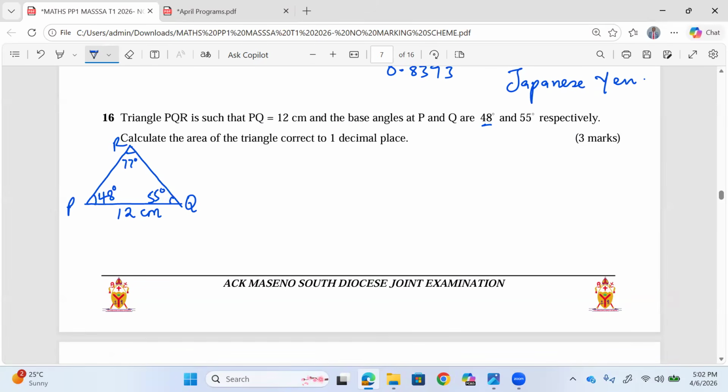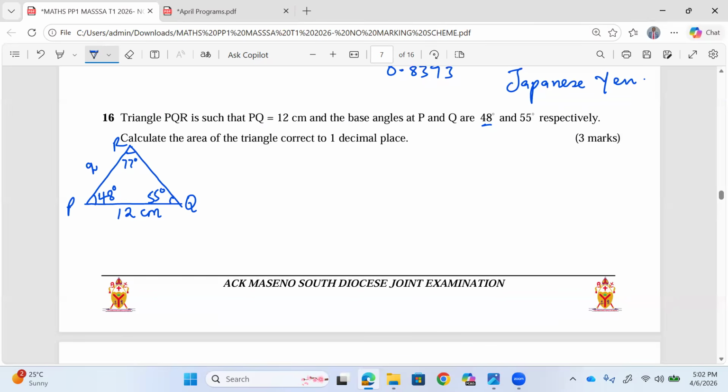To find the area, we need at least two sides and an angle between them. So we can take the side PR, named small letter q, together with PQ, and the angle between them is 48. First, we use the sine rule from solution of triangles under trigonometry 2.